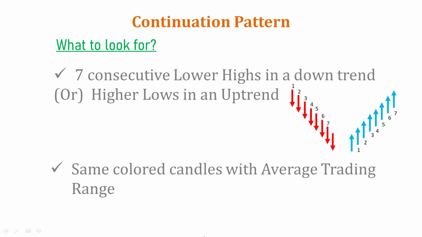Or if the price is in an uptrend, then check whether all of these 7 candles are bullish candles. If so, then we can take that as a strong uptrend. So now that we know how to identify the trend and its strength, let's go on to see some examples so that we can get a clear understanding of the idea.